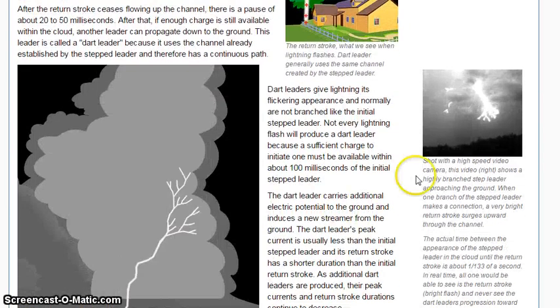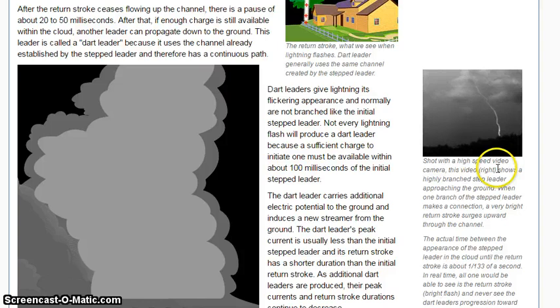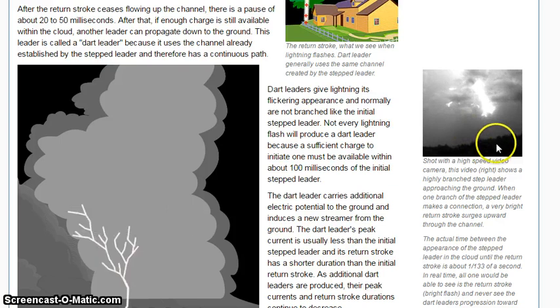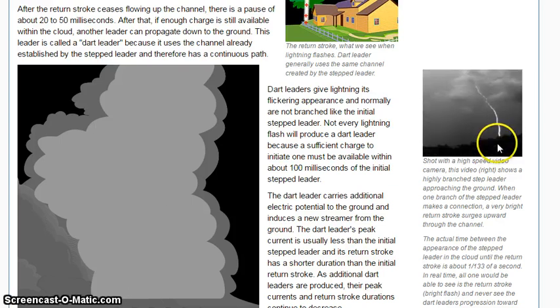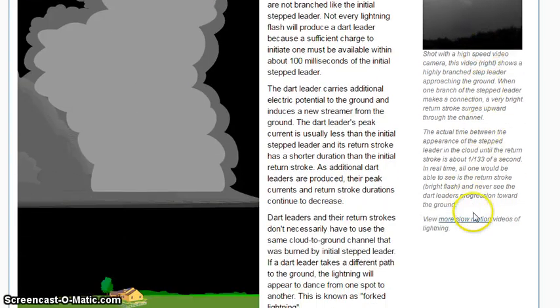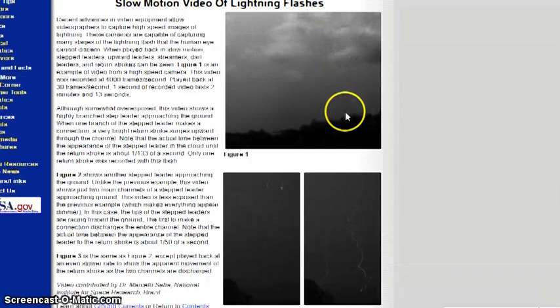Okay, we can see here on the right in this high-speed image the step leaders coming down from the clouds, and we will then see a complete path being made, and we can see a tiny little streamer coming up from the ground there, and then that bolt of lightning going back up. If we look very closely, there are a couple other slow motion examples of this lightning.